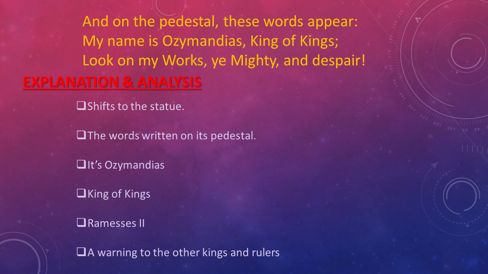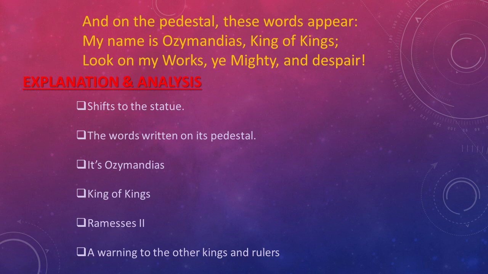The ruler addresses others who think themselves powerful, that is mighty, to look at his works to get their illusion shattered. As you already know from the above section that this was the ancient Egyptian pharaoh Ramesses II.